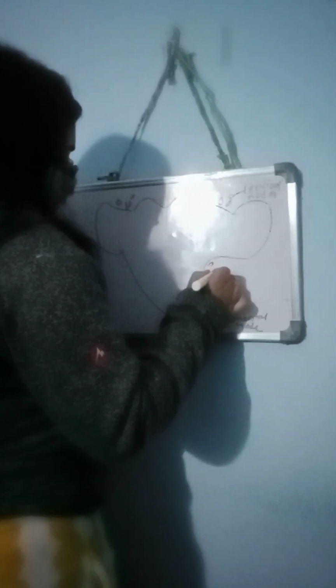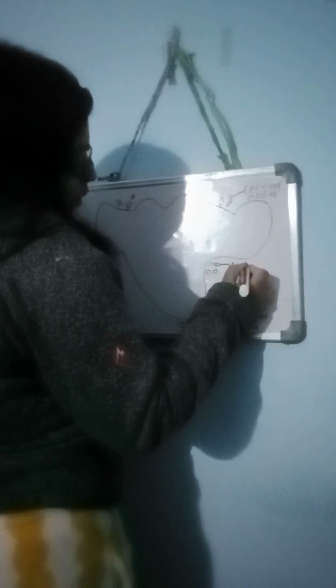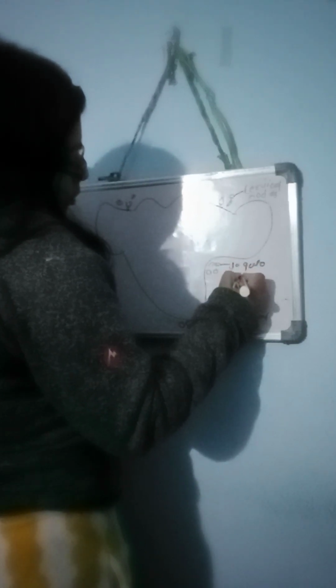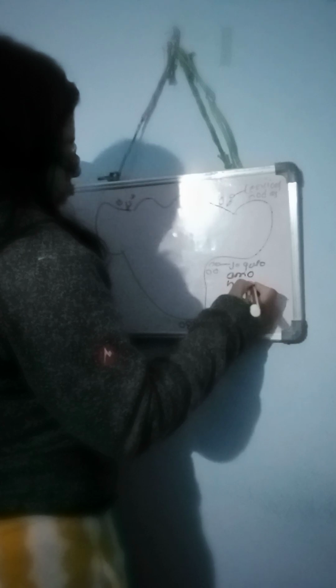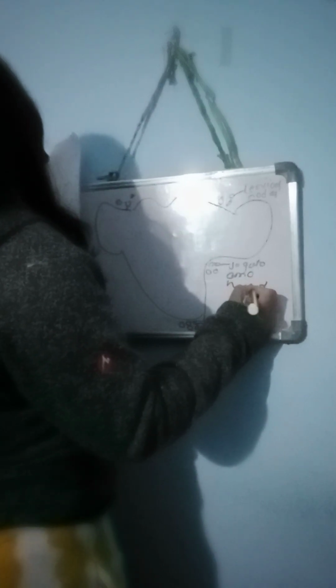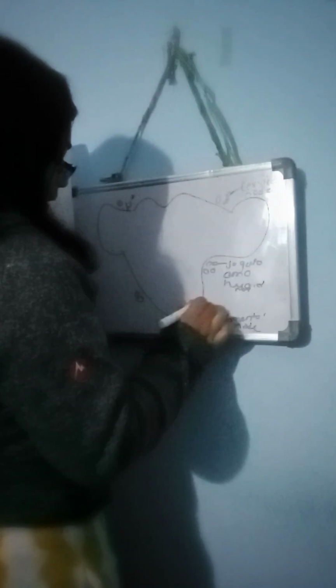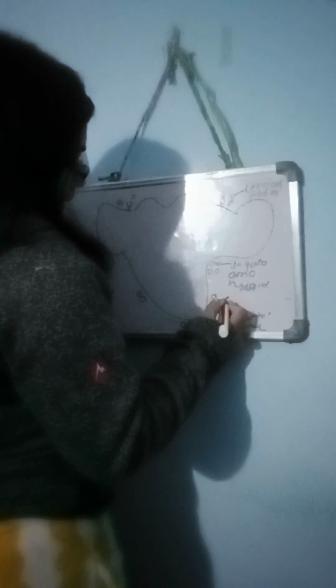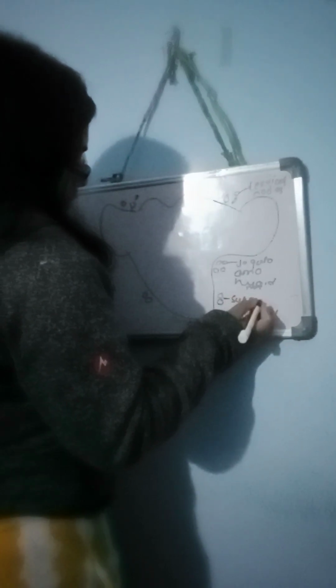Then we have the jugulo-omohyoid nodes over here. And here we have the submandibular nodes.